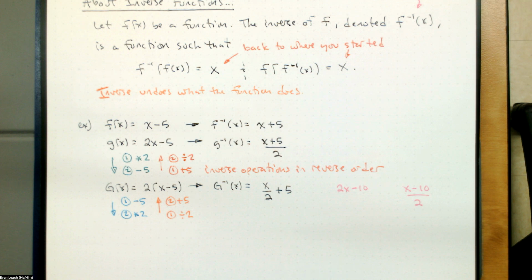Other things that we need to know. The reason that these were all very simple is that the domain and range of all 3 of these functions is all real numbers in both directions.